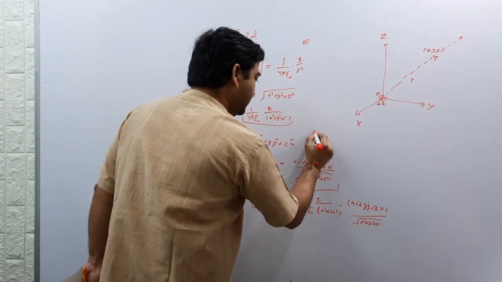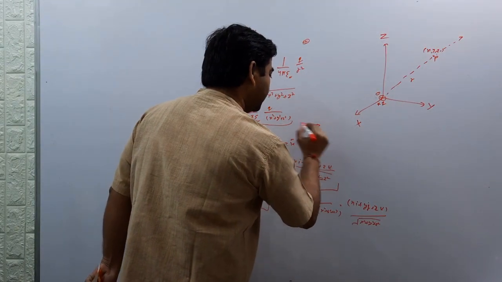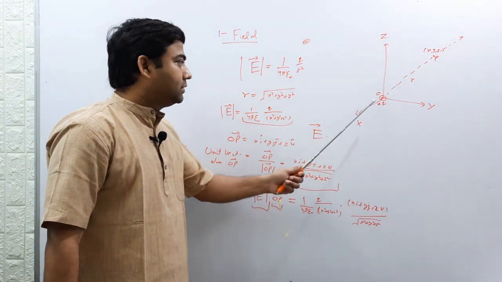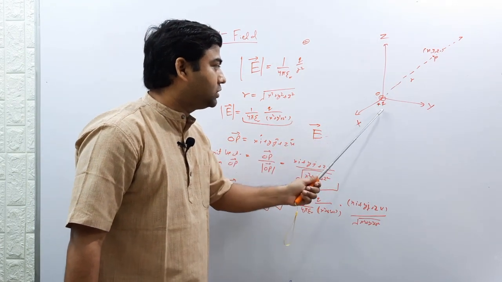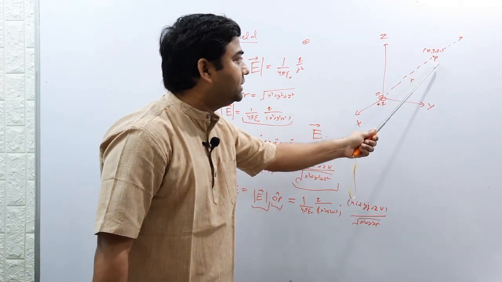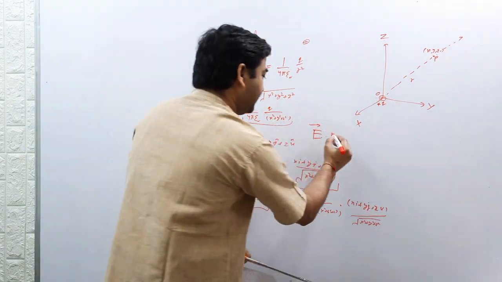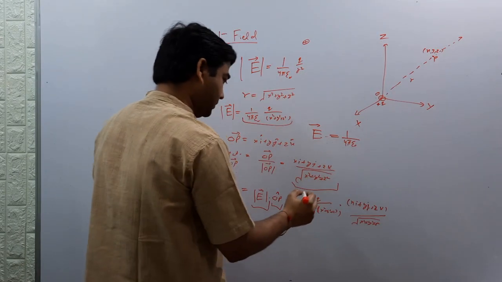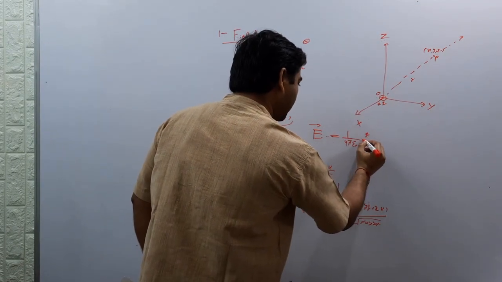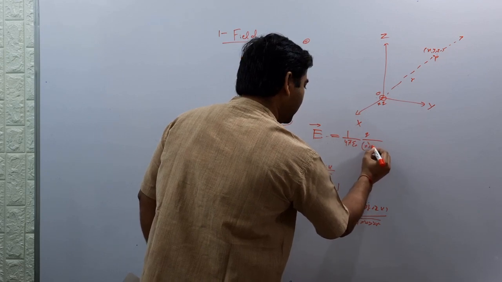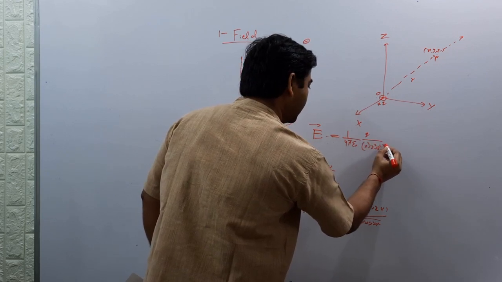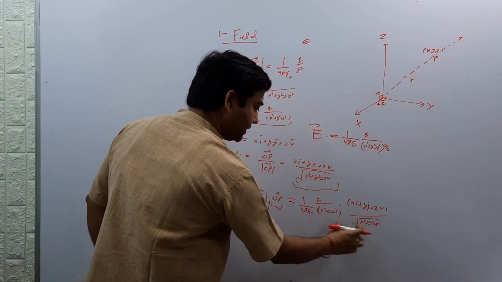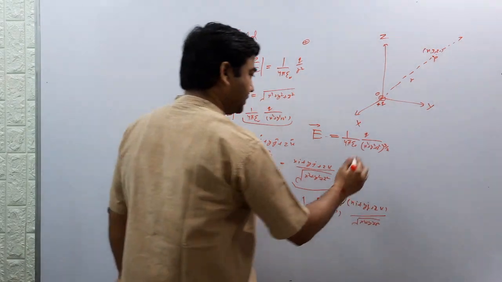So this vector field E, the electric field due to this point source plus q at a general point P, is given by 1 by 4 pi epsilon 0 q by x square plus y square plus z square power 3 by 2, into xi plus yj plus zk.